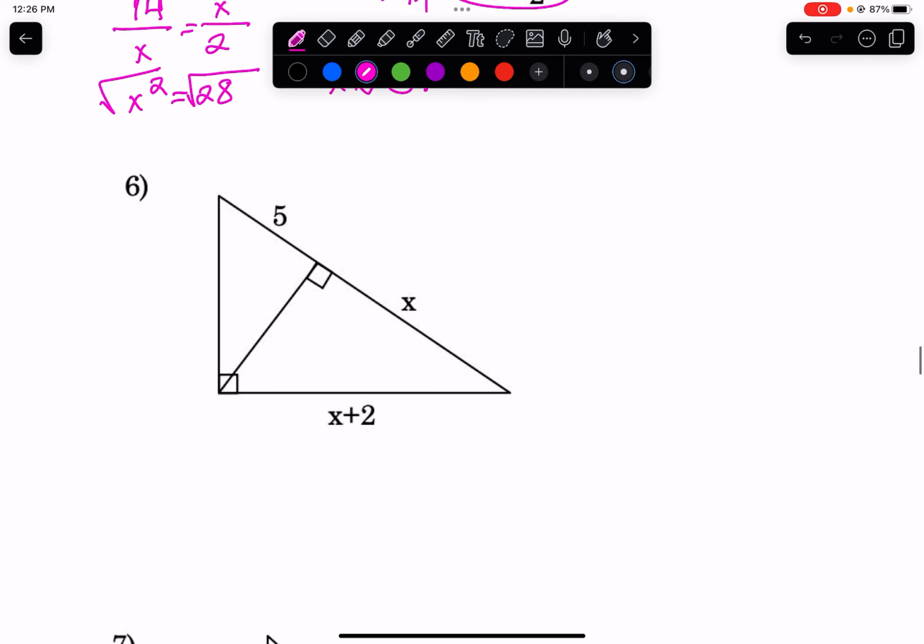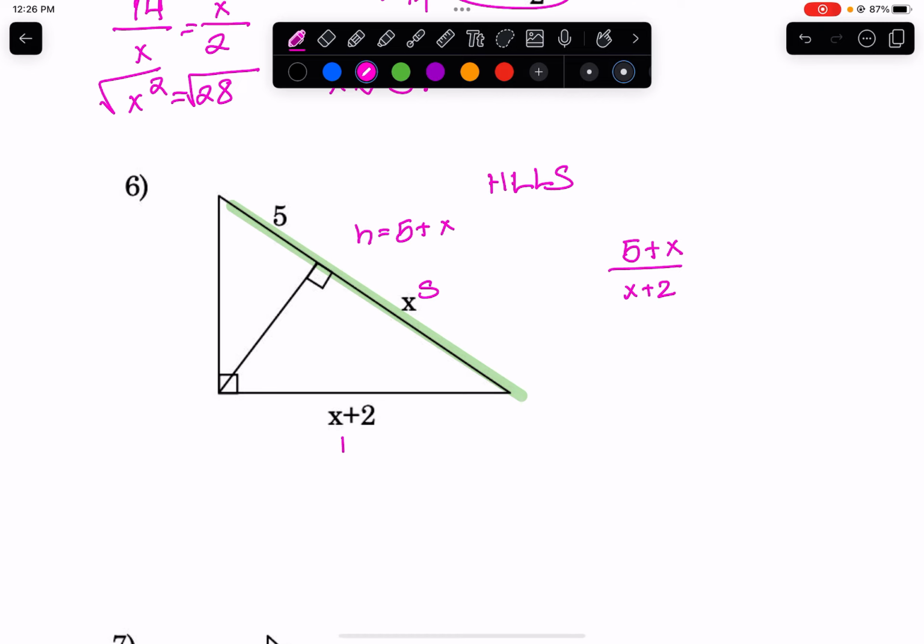Again, we are going to use hypotenuse, leg, side, because we don't know anything about the altitude. Here, my hypotenuse is equal to 5 plus x, my leg is x plus 2, and my side is x. So we have 5 plus x over x plus 2 is equal to x plus 2 over x.